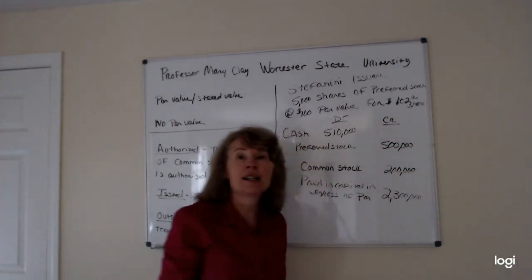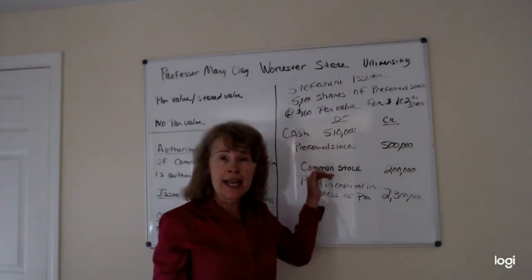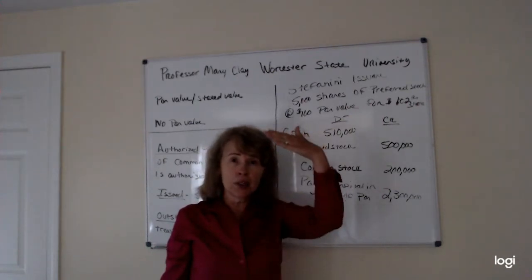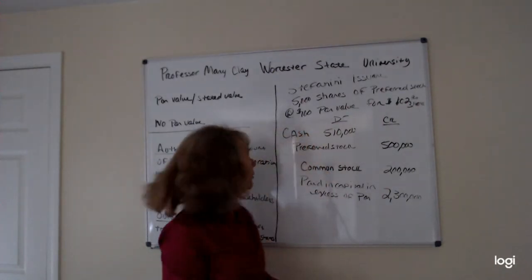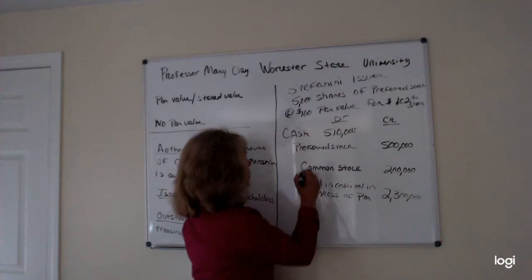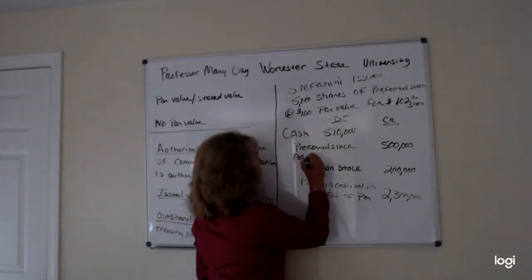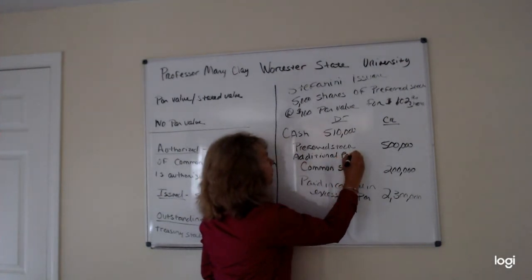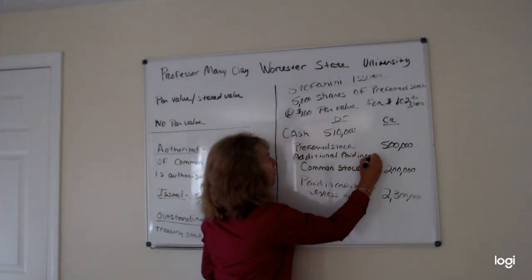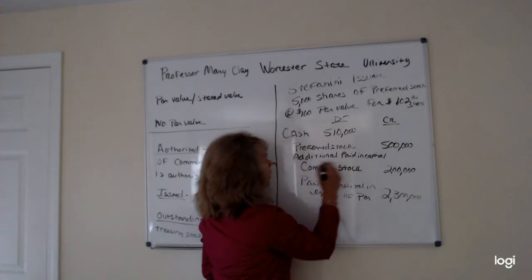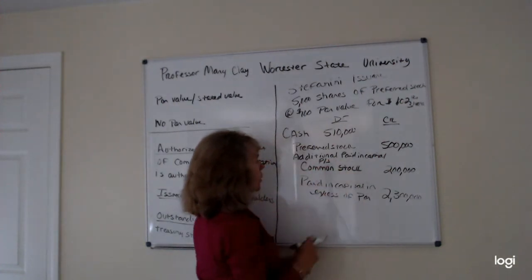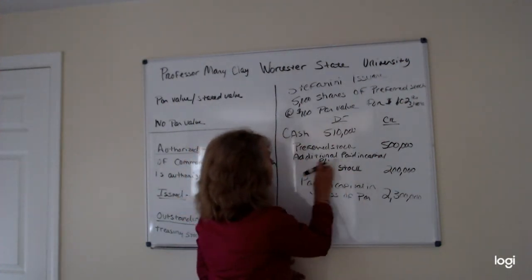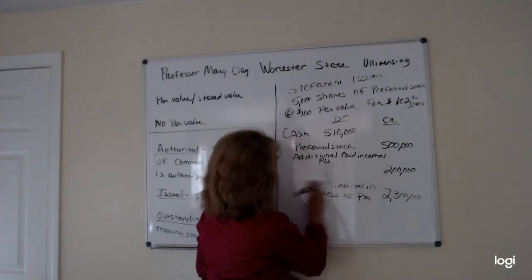Preferred stock is classified as an equity account that will be listed under equity. The difference between the two is additional paid in capital, preferred stock. Let me erase this common stock.